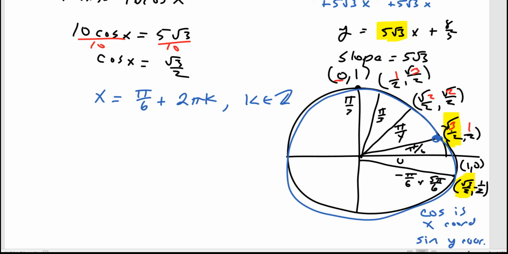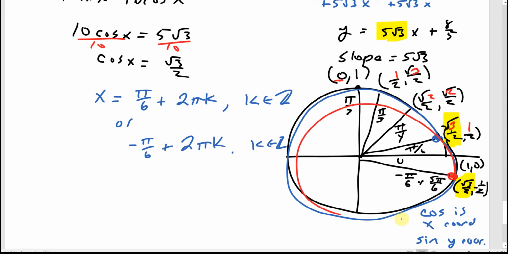Now there's also the other one, or it's a negative pi over 6 plus 2 pi k, for k being an integer as well, because you could be starting at this point, going around the circle again, going around the circle again. Remember, k is just really how many times we go around the circle.